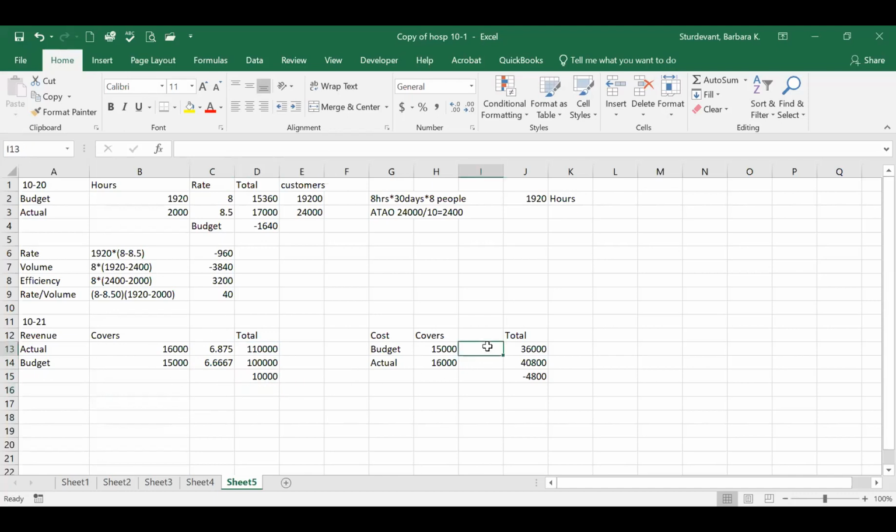Cost side is what the concern is. And so what we have to do, and this is what some of you guys didn't do, you have to find the cost per unit. So you're going to take your total and divide by the covers. This has to be per one.